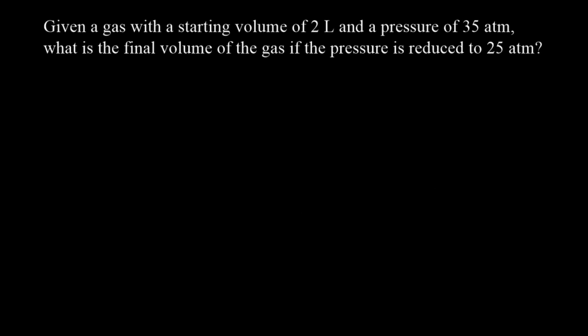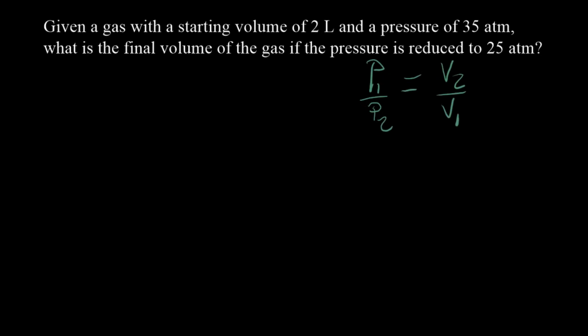Given a gas with a starting volume of 2 liters and a pressure of 35 atmospheres, what is the final volume of the gas if the pressure is reduced to 25 atmospheres? We know from before we have P1 over P2 is equal to V2 over V1.